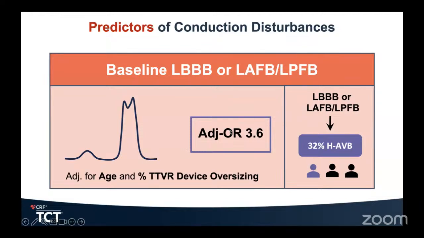This risk was almost 4 times higher in patients with baseline left side conduction disturbance. If we look at all those patients having a baseline left bundle branch block or left anterior or posterior fascicular block, 1/3 of them, 32%, experienced a high-grade AV block after TTVR. So this is clearly an important risk factor in our patients undergoing TTVR.